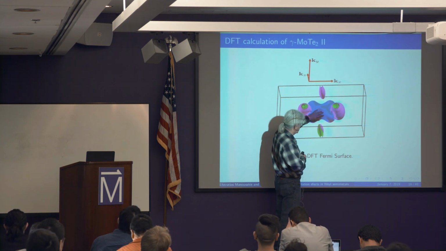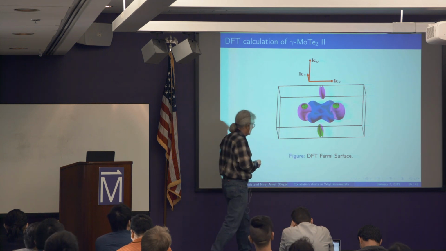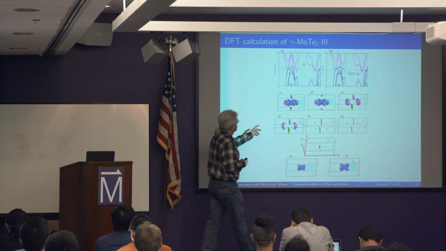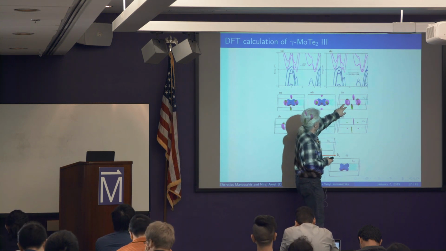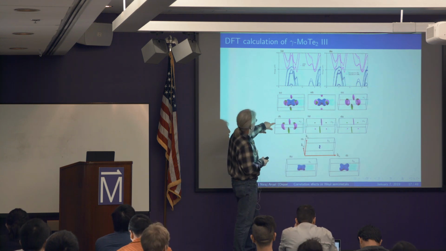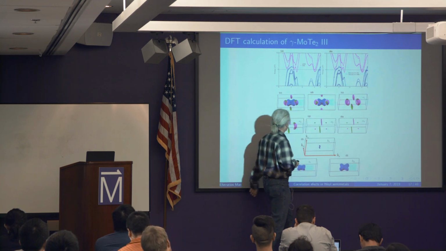Within that, there is one more hole pocket, and so forth. And there are these other ones down here. And here is a more expanded version of this. These are electron pockets, the ones designated with E. And as you see, these Russian dolls, there's more inside. There's structure in every one of them.